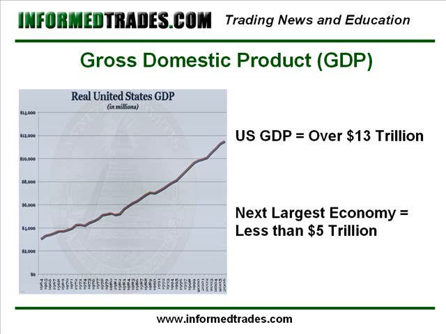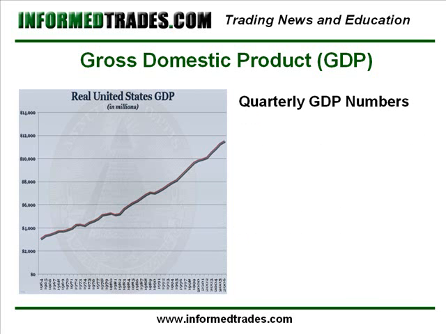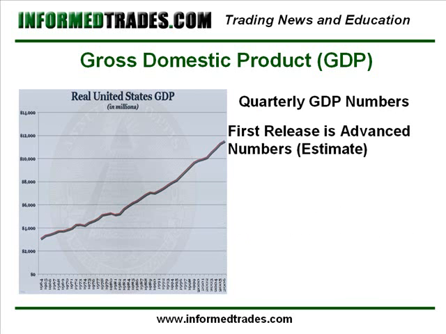Quarterly estimates of the gross domestic product of the United States are released each month, with advance estimates, which are incomplete and subject to further review, being released near the end of the first month after the end of the quarter being reported.